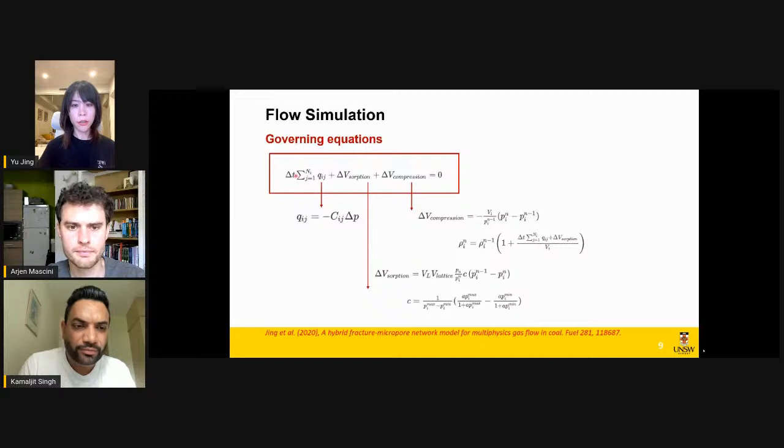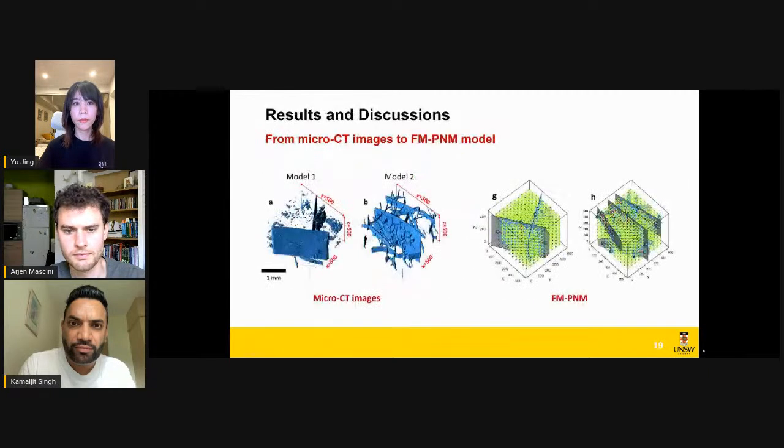So these are the governing equations. I have one additional term which accounts for the volumetric change due to sorption and the volumetric change due to compression. These are examples of two FMPNM models I created based on the two microCT images on the left.